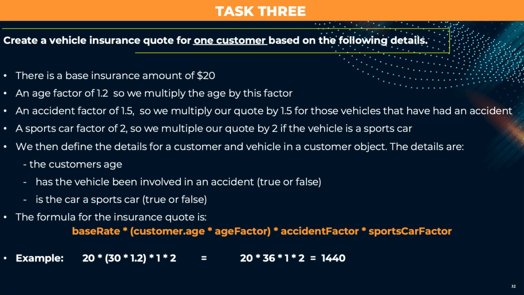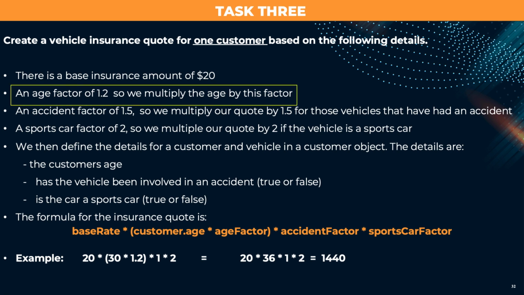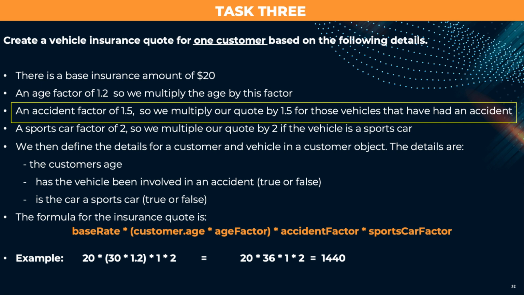So create a vehicle insurance quote for one customer based on the following details. There is a base insurance amount of $20, an age factor of 1.2. So we multiply the age of the customer by this factor, an accident factor of 1.5. So we multiply our quote by 1.5 for those vehicles that have had an accident.